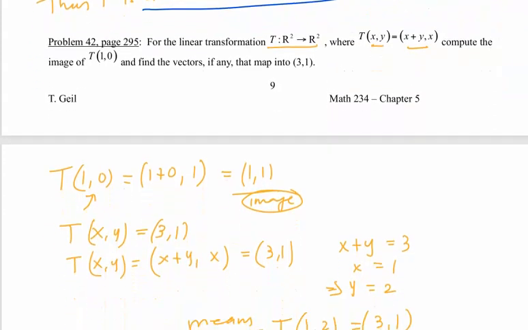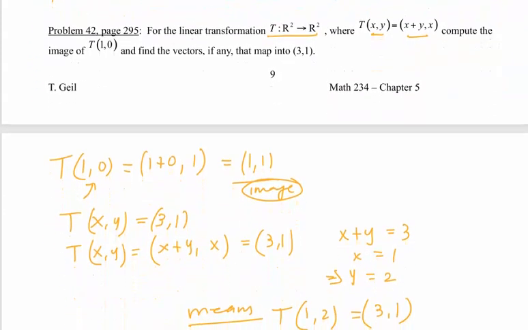Let's do another one. These are very short, so I'm going to do quite a few here. Again, R2 to R2 it goes, and your definition of the transformation is (x plus y, y). Now what happened to T of (1, 0)? Where does it map?